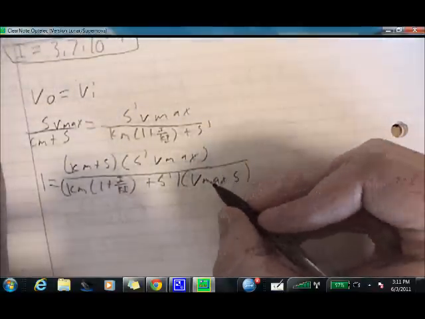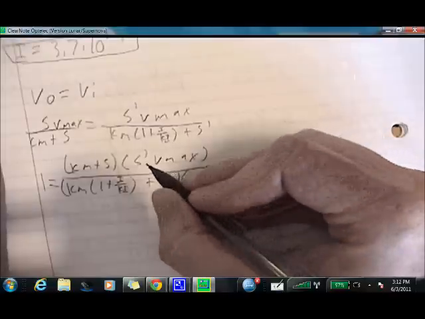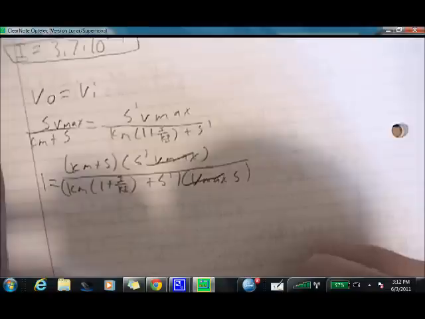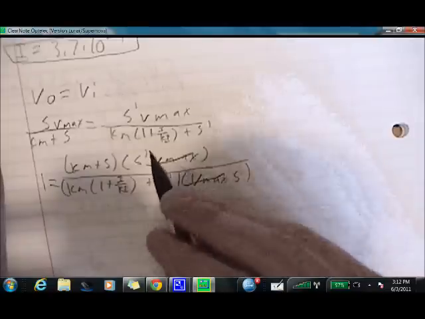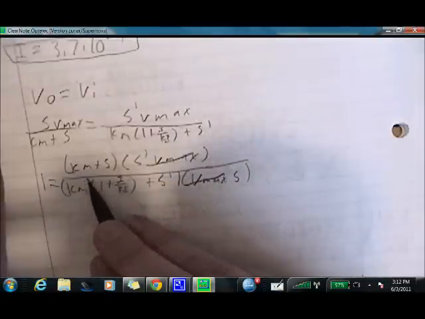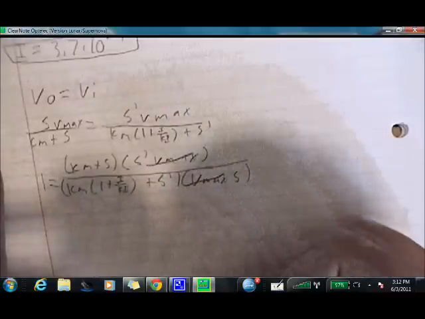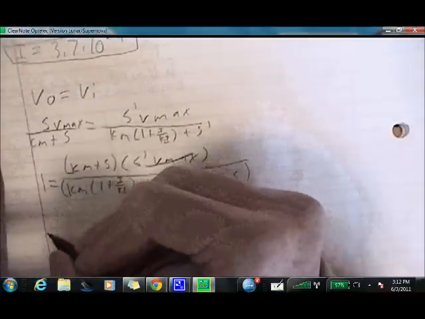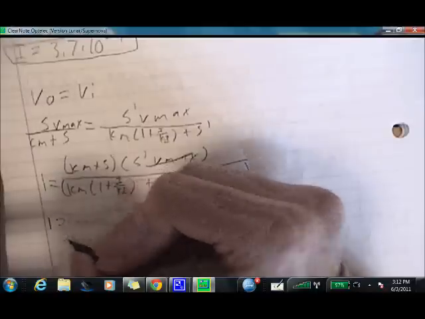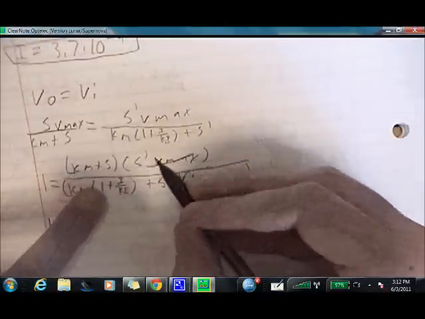We can cancel out our Vmaxes. And then we can distribute out our S prime and our S. So now we're going to have 1 equals, actually I'm just going to leave these there.